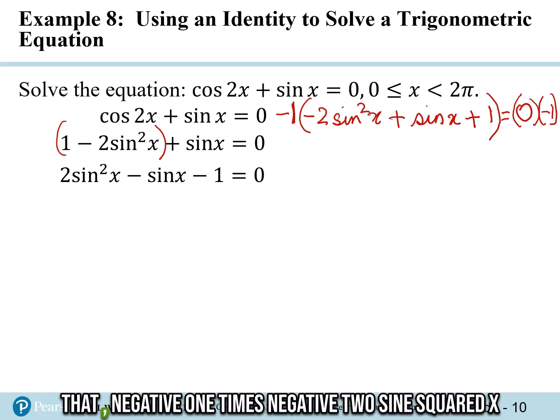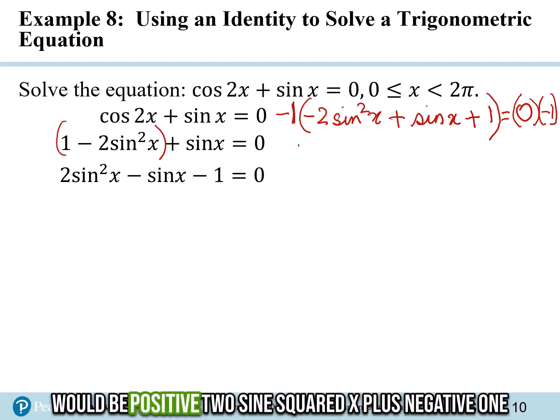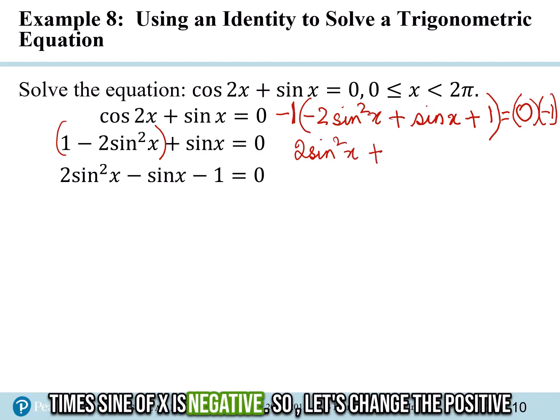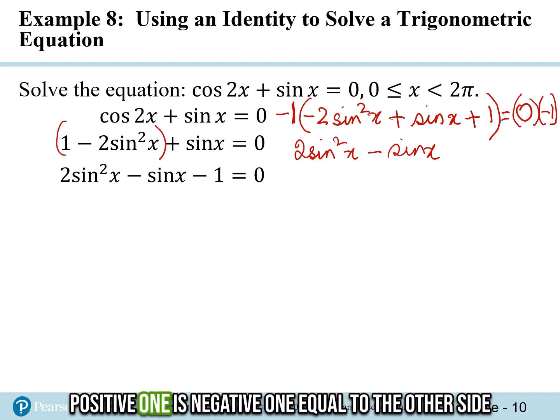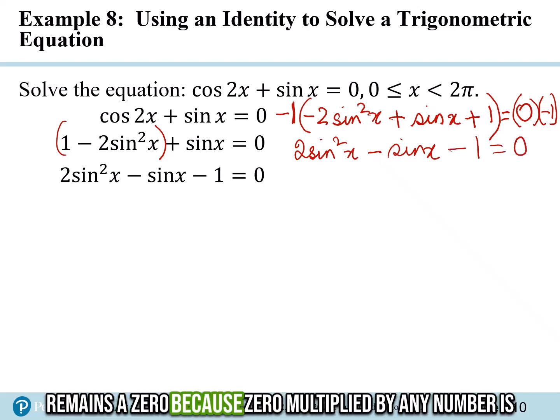When we do that, negative 1 times negative 2 sine squared x would be positive 2 sine squared x, plus negative 1 times sine of x is negative. So let's change the positive to a negative sine of x, and then negative 1 times positive 1 is negative 1, equal to 0. The other side remains a 0 because 0 multiplied by any number is 0.